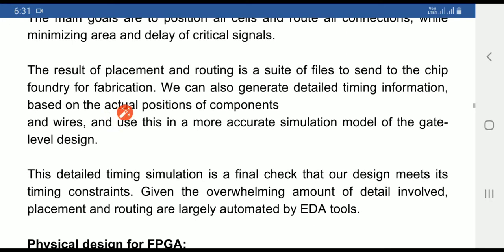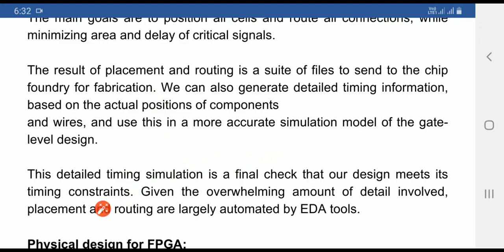The result of placement and routing is a suite of files to send to the chip foundry for fabrication. After the completion of placement and routing, we can send the chip to fabrication. In fabrication, we get the package which can be used as a final end product.